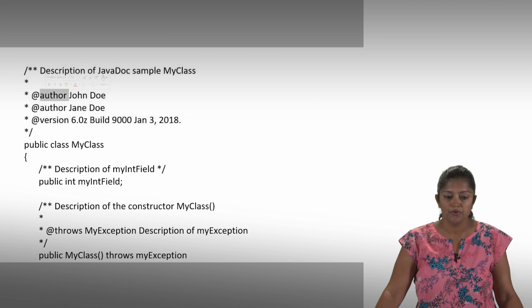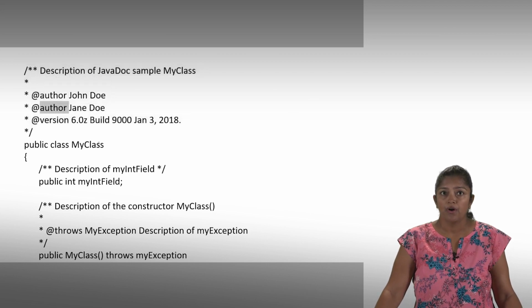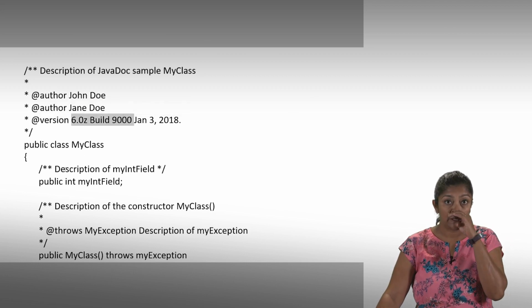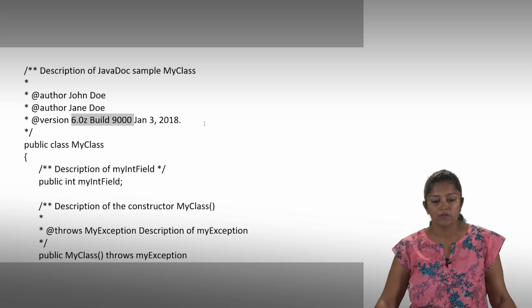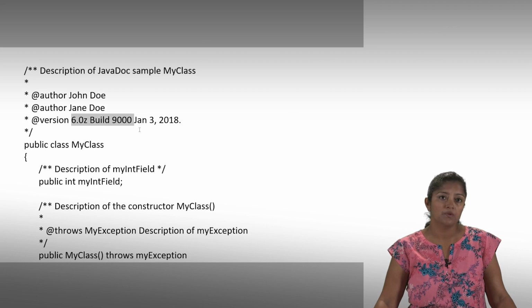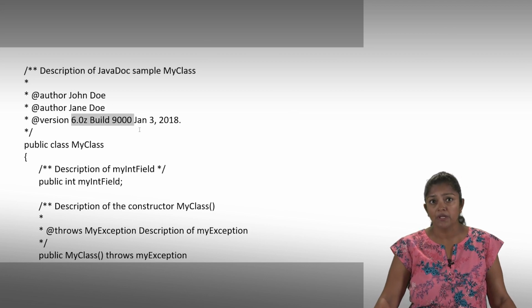In this case we have two authors, so there are two @author predefined tags, followed by a version. Whatever versioning scheme you're using, based on that you specify the version number, and then you can also specify a date over there. And there are a number of other additional tags. These are the commonly used ones, and the ones that you should be using in your projects and assignments for this course are what I'm showing here.